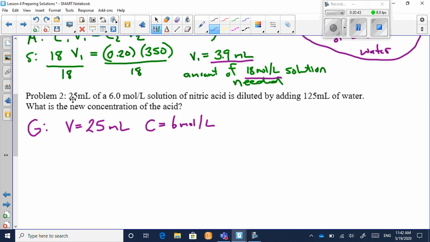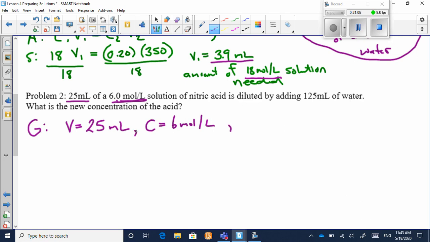Now, hopefully you guys see how these two things are connected. So they're either both going to be C1 and V1, or they're going to be C2 and V2. 25 milliliters of a 6 mole per liter solution of nitric acid is diluted by adding 125 milliliters of water. Oh, this is interesting.